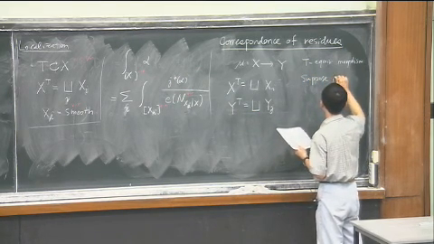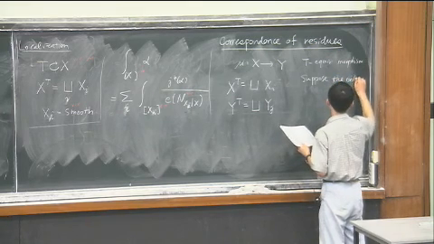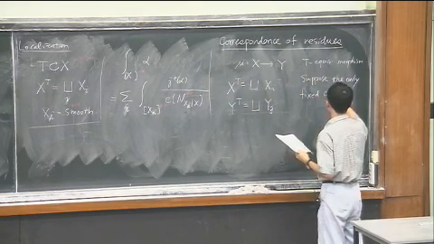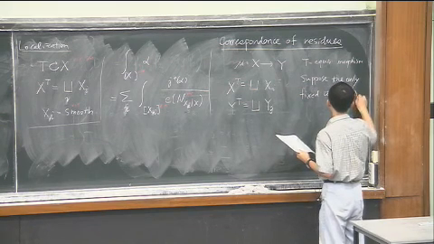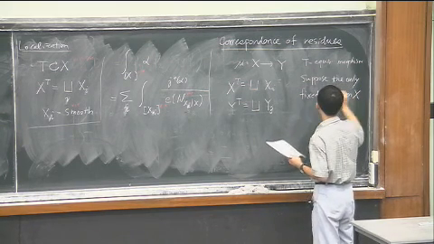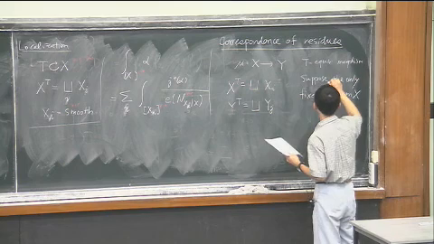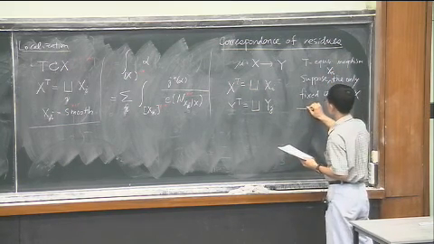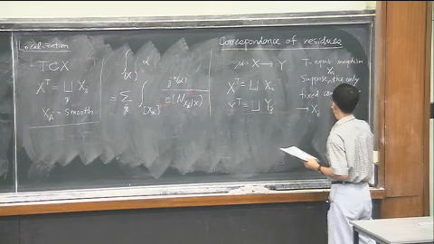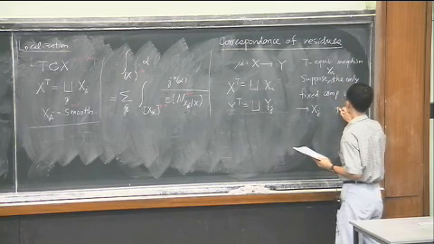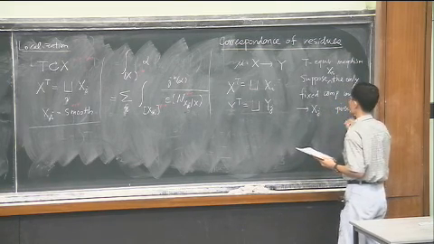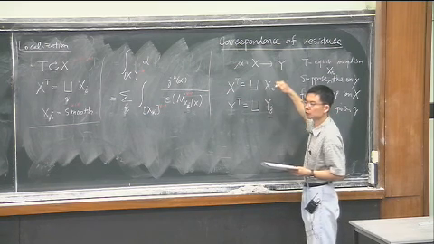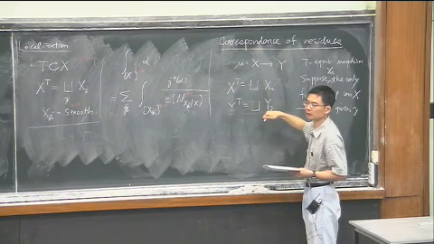Suppose xi is the only fixed component on x mapping to yj for a given j. So suppose I take one connected component here, and suppose there's only one mapped to that component.